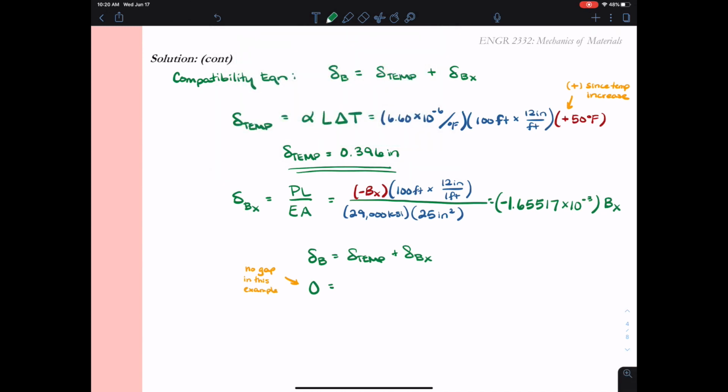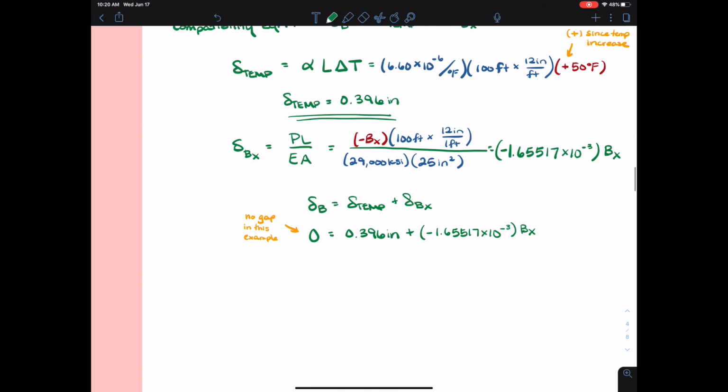Then we plug in delta temp, which is 0.396 inches, plus the negative 1.65517 times 10 to the negative 3 times Bx. Again, I encourage you to keep as many decimal places as you can to maintain accuracy in coming up with this force. The reaction Bx is going to be equal to 239.25 kips.